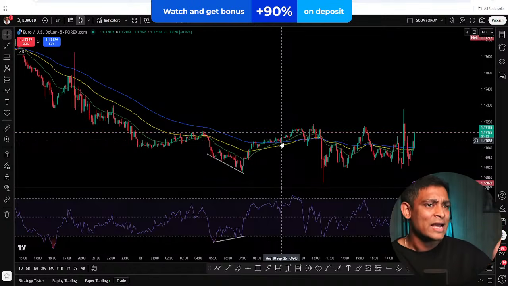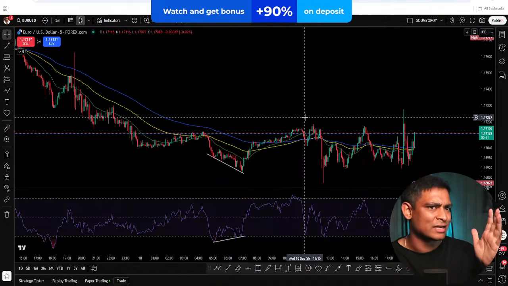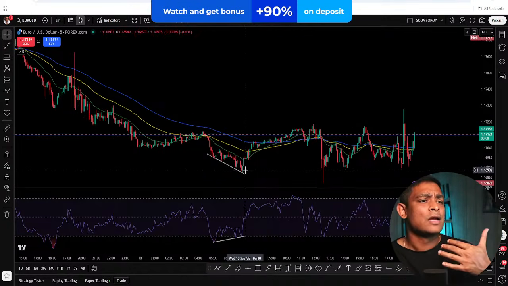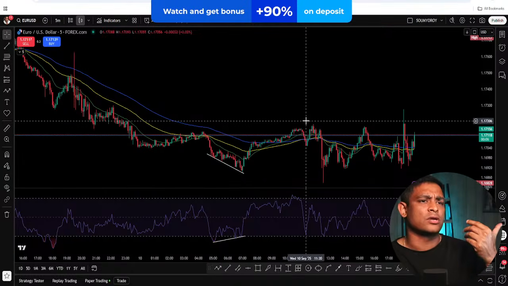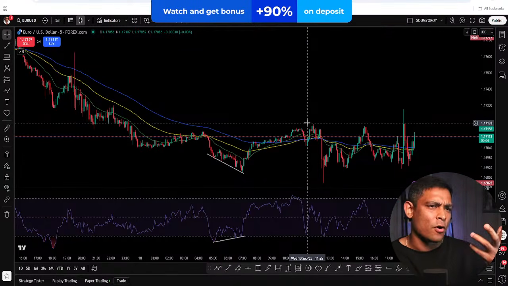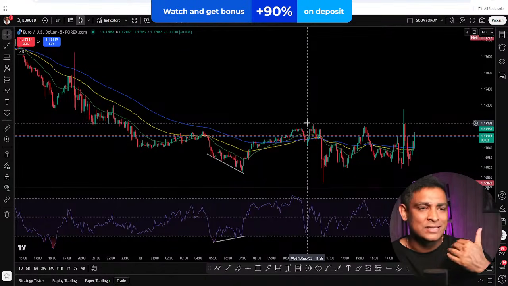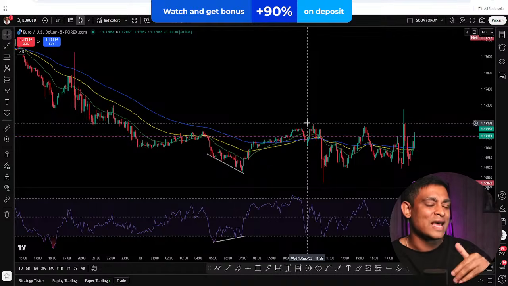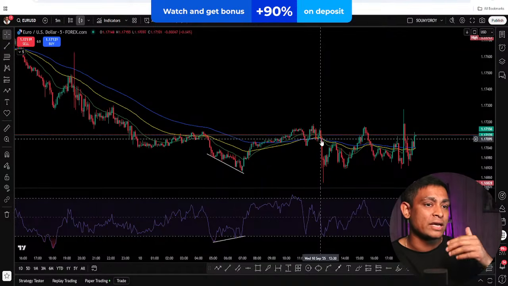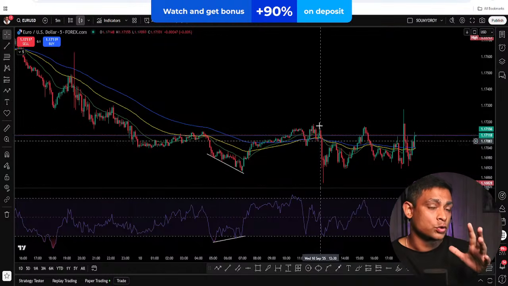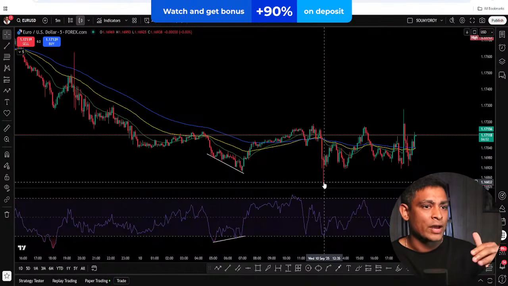Then again it takes support from here and tries to move up, and whoever bought over here thought, okay, we have earned enough profits, let's go ahead and sell. They started to sell, they started to take short calls, which gave us a fall to the bottom, and the price fell down.